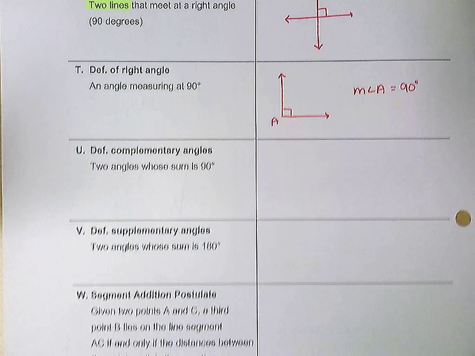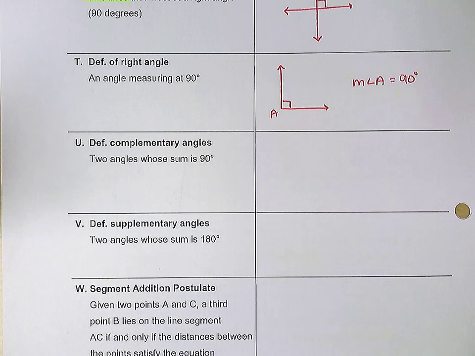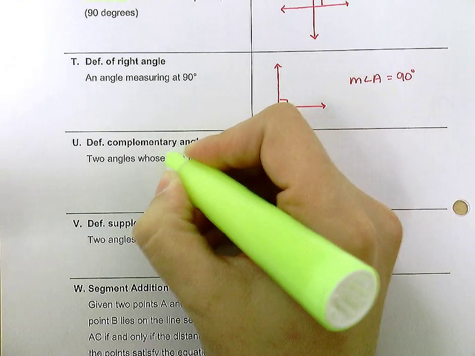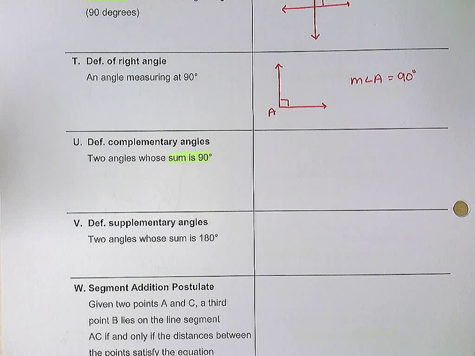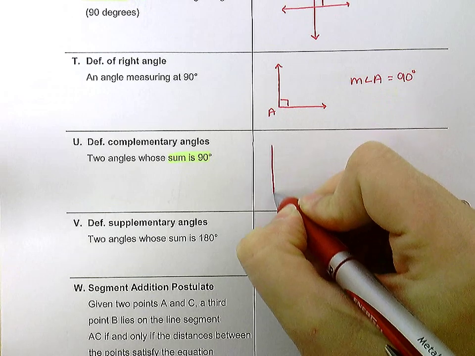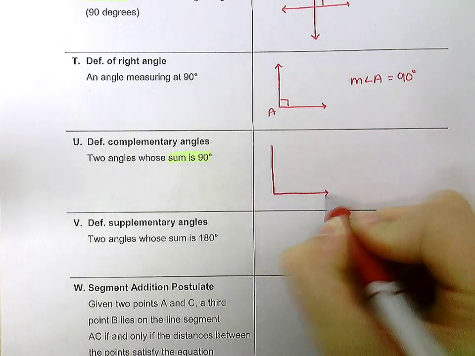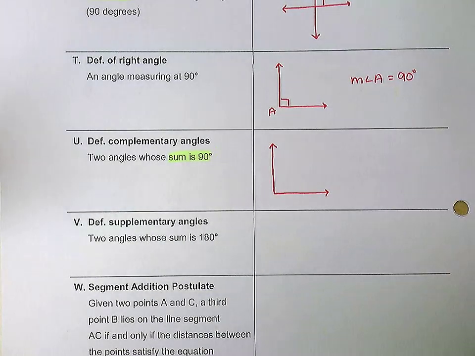Okay, we also have definition of complementary angles. Those are two angles whose sum is 90. So two angles have to add to 90 degrees. Those could be adjacent, so I'm going to draw them as adjacent. They don't have to be though.